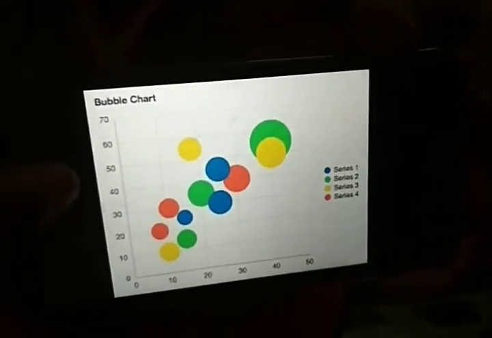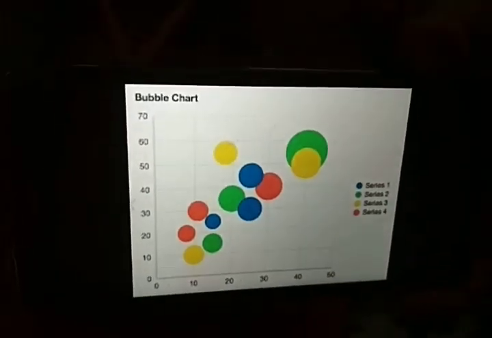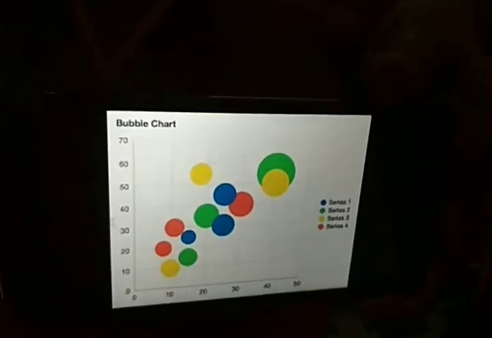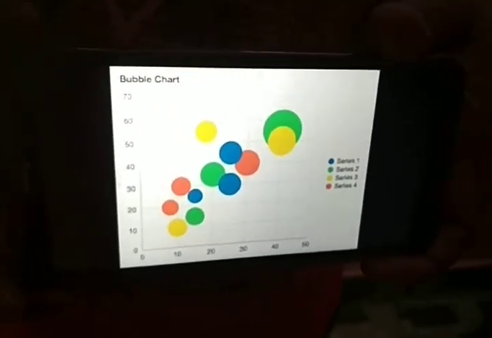You can see the different sizes of bubbles. So this chart is used for comparison of different data values.